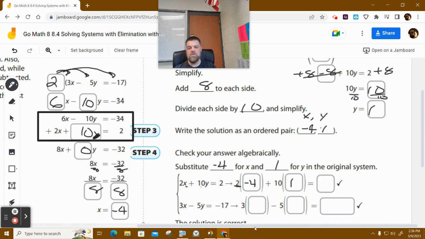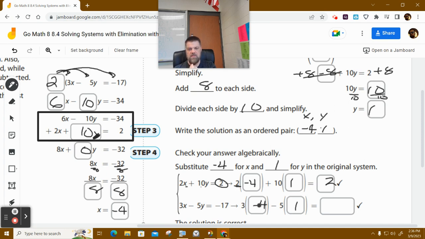It should equal 2. Not this 2, this 2. And same thing over here. I'm going to plug in a negative 4 for x and a 1 for y and see if it adds up. So what's 2 times negative 4? Negative 8. What's 10 minus 8? 2.